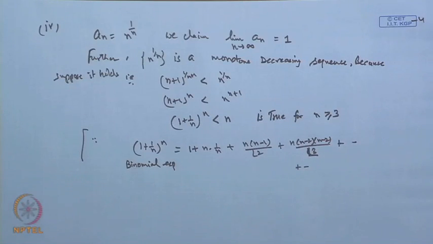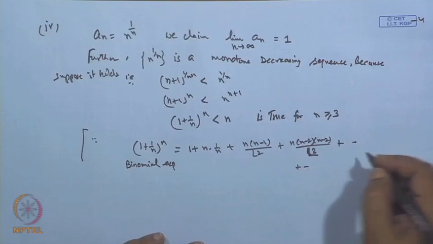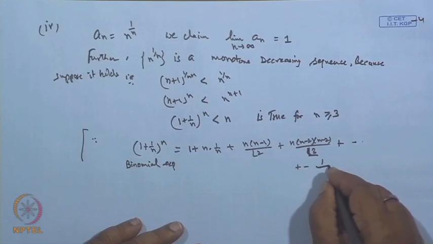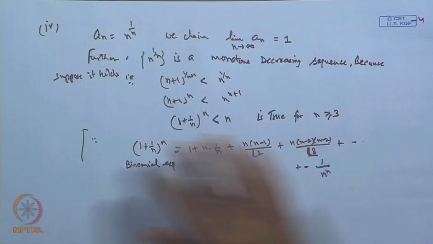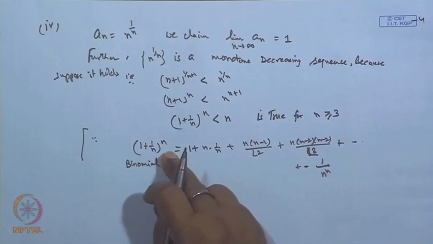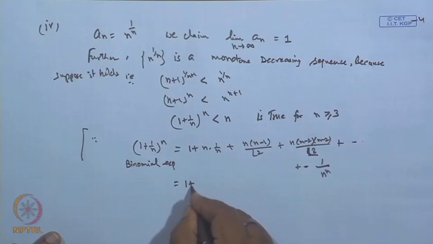If I go up to the last term, the nth term, then we get 1 by n to the power n. Clear? Just like 1 plus n x plus n minus 1 and so on. Okay? Just binomial.